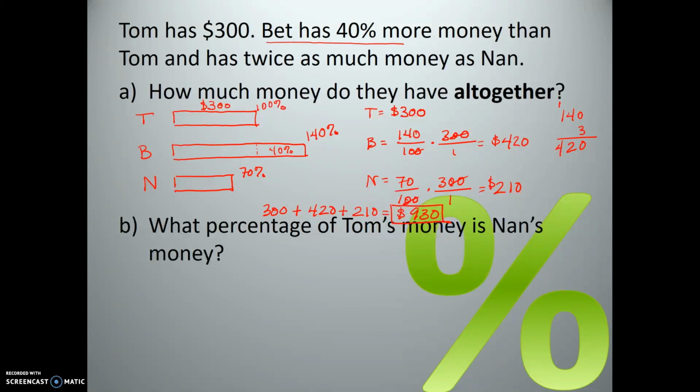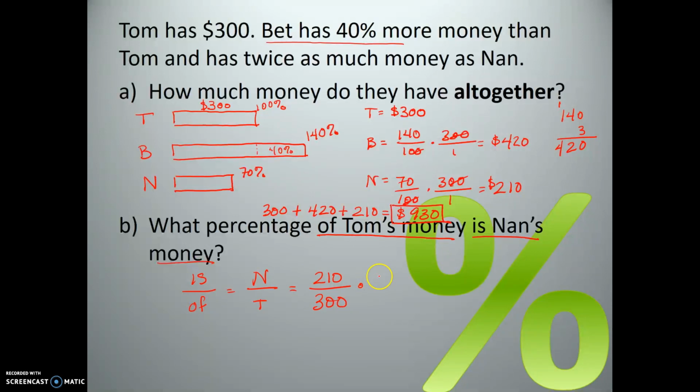Okay, now it says what percentage of Tom's money is Nan's money. So remember, it's is over of. So that means I want Nan over Tom. And remember that Nan has $210 and Tom has $300.